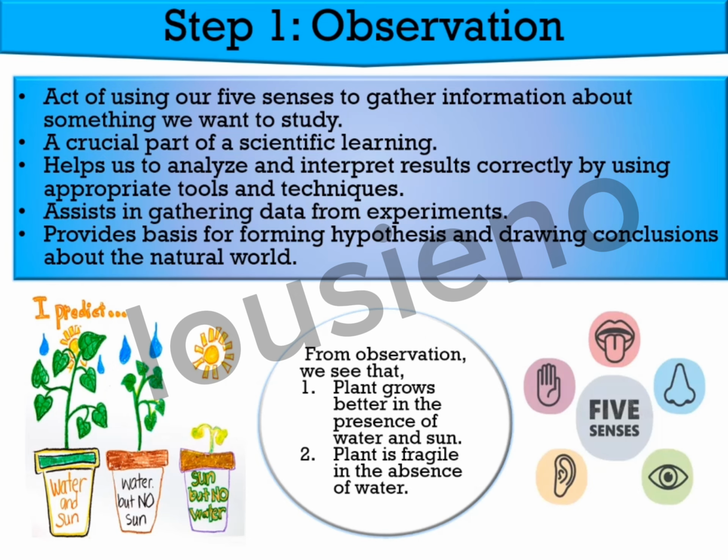It is a crucial part of scientific learning and it helps us to analyze and interpret results correctly by using appropriate tools and techniques. Further, observation assists in gathering data from experiments and it provides a basis for forming hypotheses as well as drawing conclusions about the natural world.